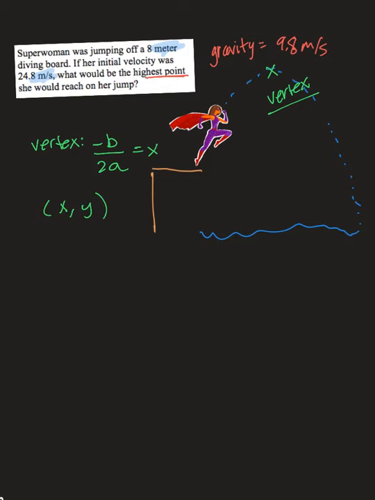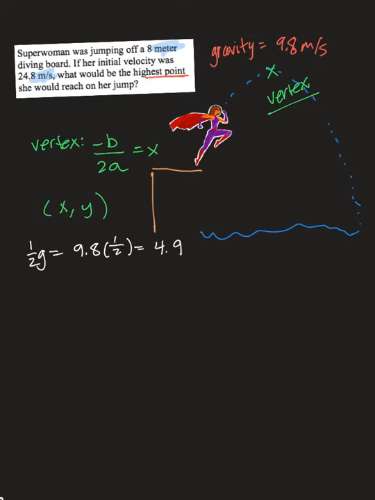So let's first set up our quadratic. We have to identify our variables, everything that we know. So in this problem, we have our gravity, which is 9.8. So G is 9.8. And if you want, we can say that 1/2 of G is 1/2 of 9.8, which we know is 4.9.